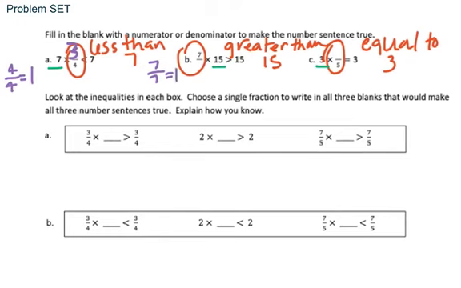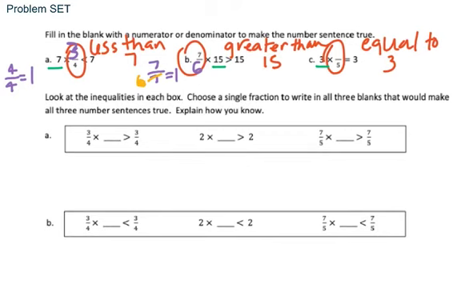So I actually need to change my denominator. And I'm actually going to make my denominator 6, because I know that 6/7 is greater than 1. So 7/6 is greater than 1. So I have 7 over 6 times 15 would be greater than 15.